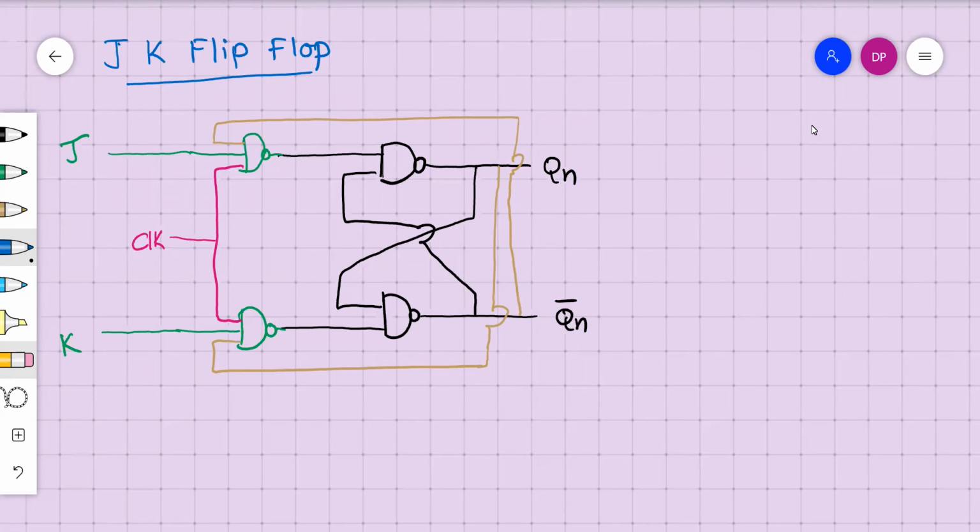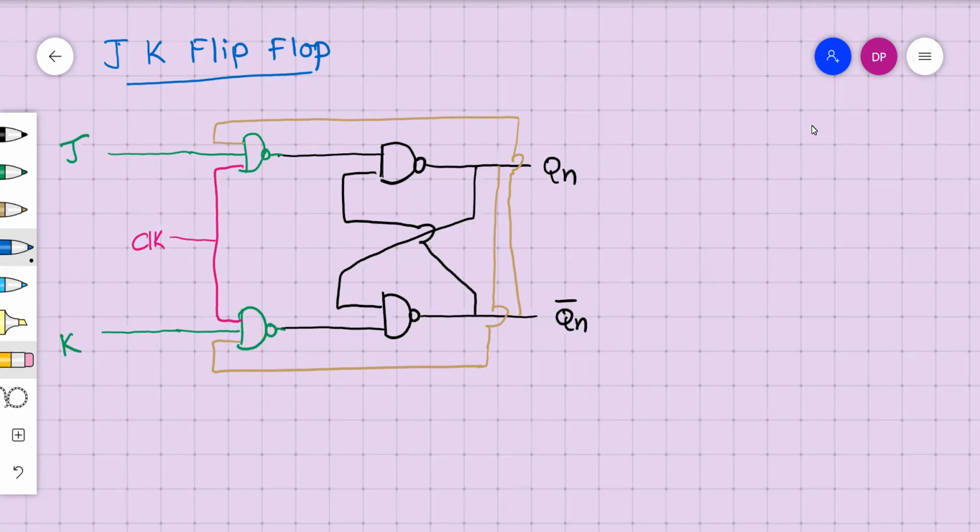Because we had a problem in the SR flip flop that when both the inputs are one, it was in an invalid state and we could not use it. So as a solution, we designed the D flip flop by providing the complement of one input as the other input.